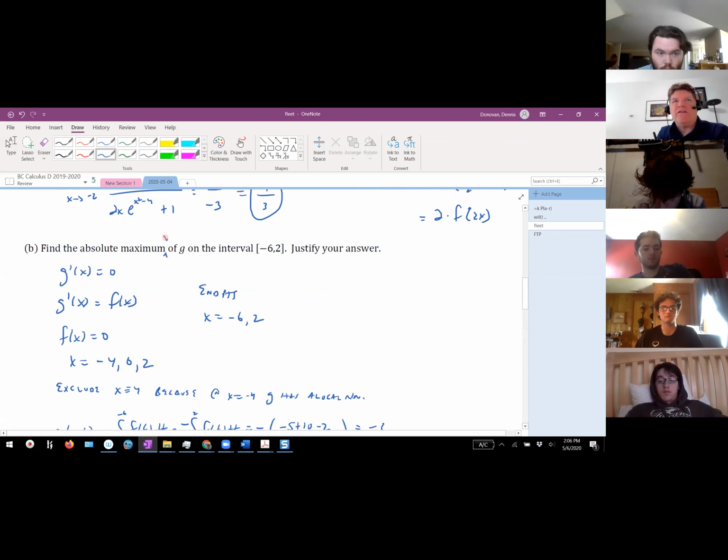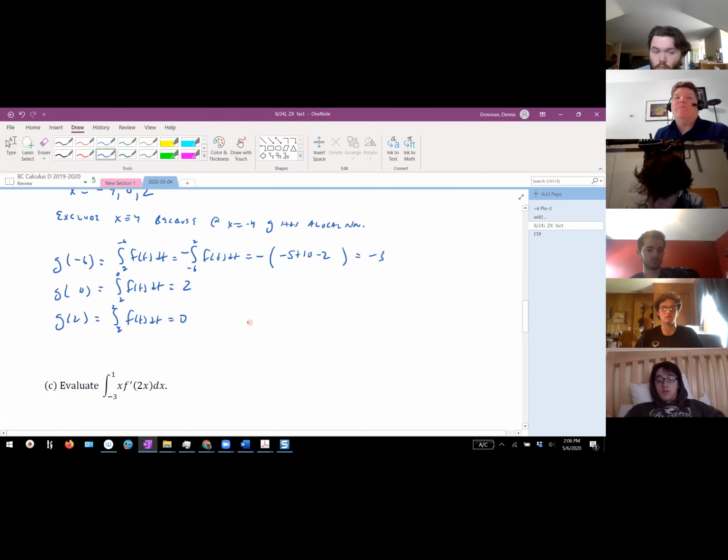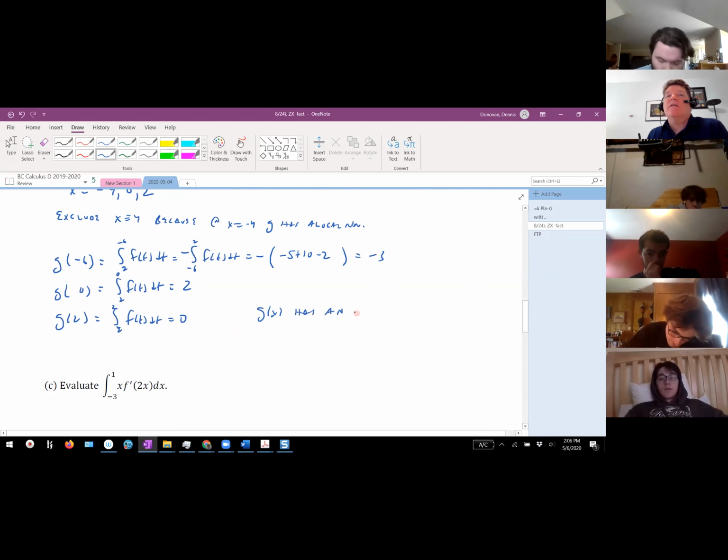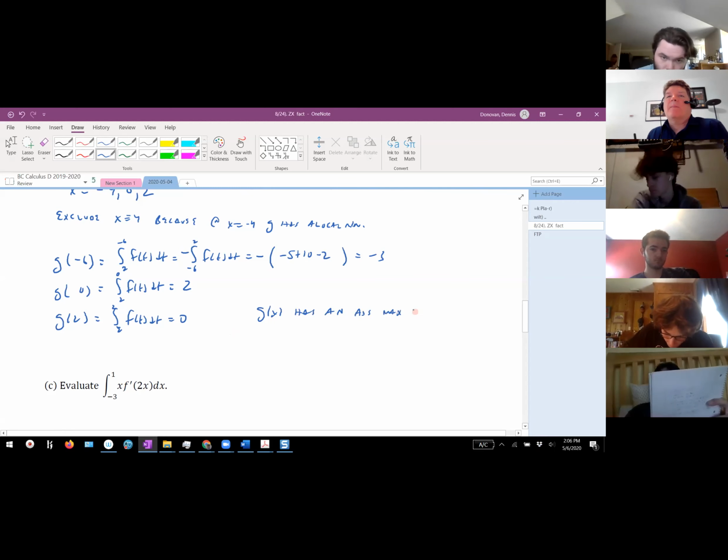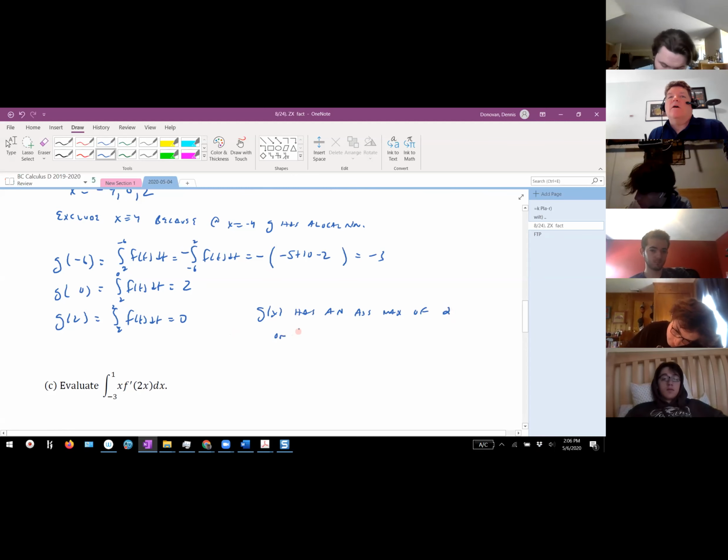More than likely, if this was on the exam, it would say, find the absolute minimum value of G. But the way you can answer this so that you definitely are answering the question is: G of x has an absolute max of 2 on the interval -6 to 2. It occurs at x equals 0.